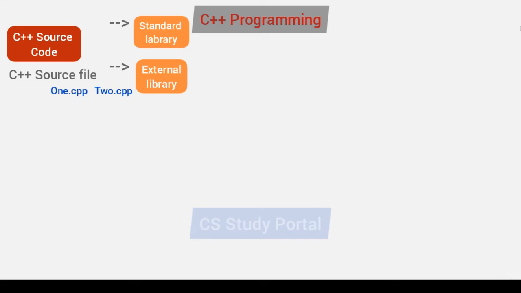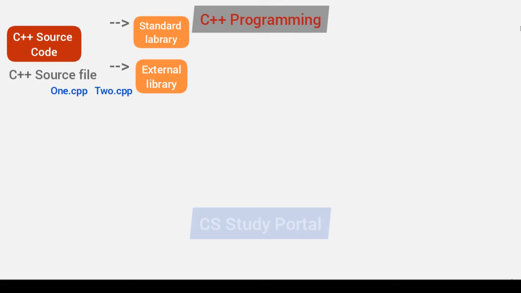Now we have written the program, but we want to execute it. We can't directly execute the code that we have written in C++, because as programmers we can look at the code and understand what is going on, but computers can only understand code written in machine language.